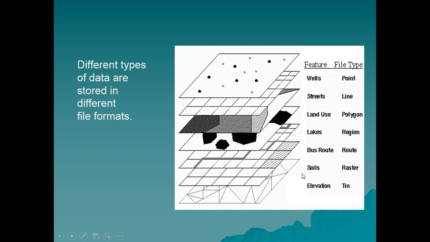It's not gradual. But remember, in reality, change from one soil type to another would tend to be transitional. So if you want accuracy, you use raster. If you want generalization for the soils, you can use vector. And then elevation, we can use our TIN as we looked at before.